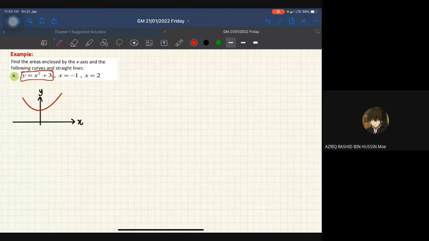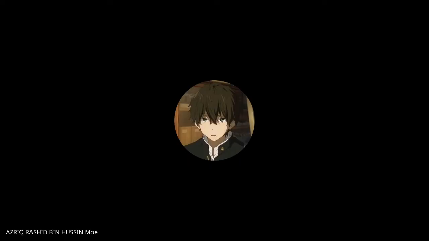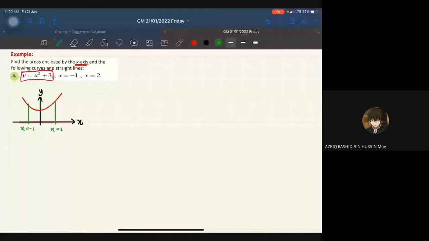And then it says enclosed by the x-axis. So the x-axis is this one. Okay, and then we have the straight line x equal to negative 1, and then x equal to 2 over here. So you have to find the region that is enclosed by all the given conditions. The enclosed region is the one here. So this region is enclosed, and this is the area you actually want to find.